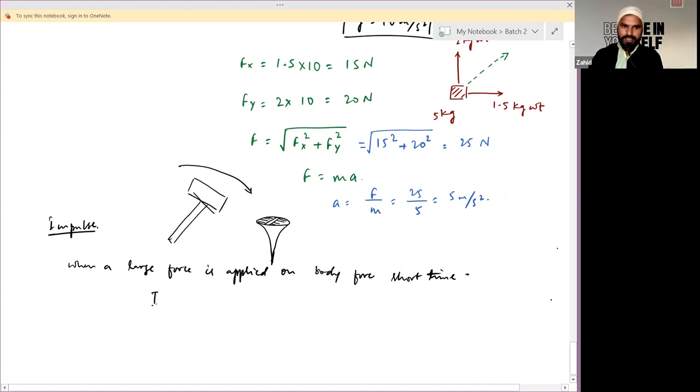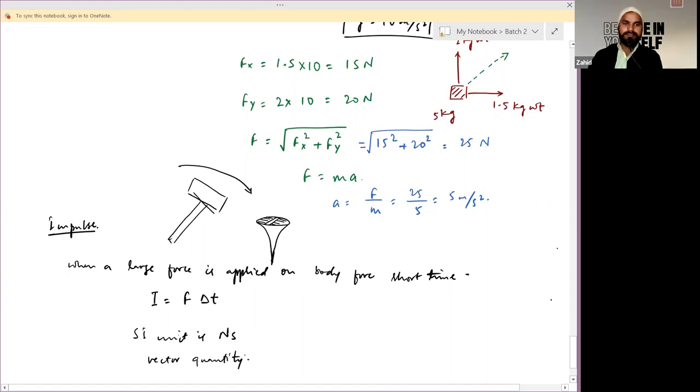It is denoted by I, which equals force times time. As the unit of force is Newton and time is second, it will be Newton second. And since force is a vector quantity which is multiplied by a scalar time, it will be a vector quantity.